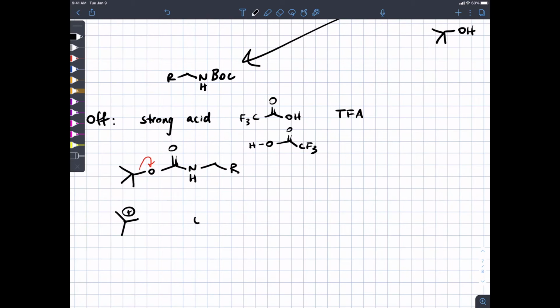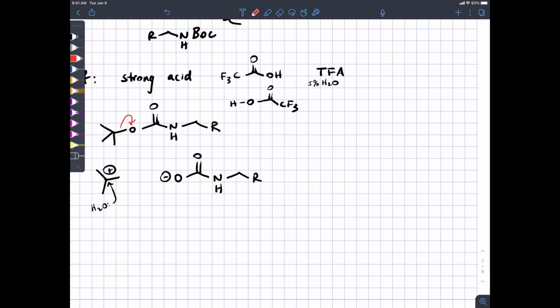And that tert-butyl carbocation immediately gets picked up by, usually you have a little bit of water, TFA with like 5% water or something like that. So water will pick up that carbocation.